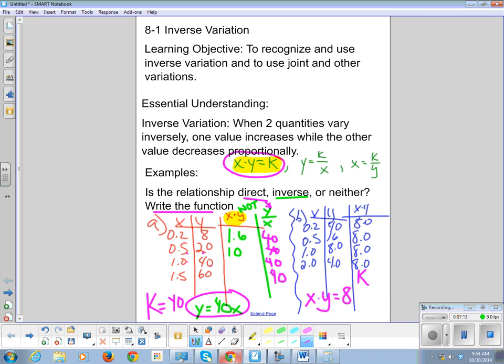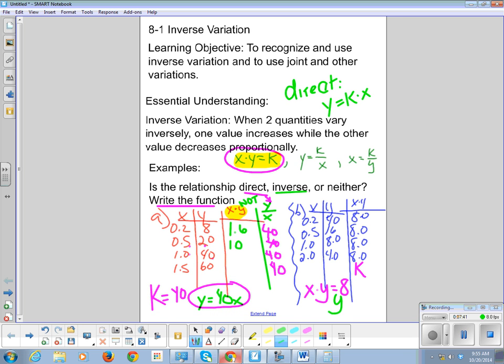And if you want me to put the direct, it's right here. If you remember, direct variation is y equals k times x, and inverse variation is x times y equals 8, or y equals 8 over x. You guys can write it like that as well.